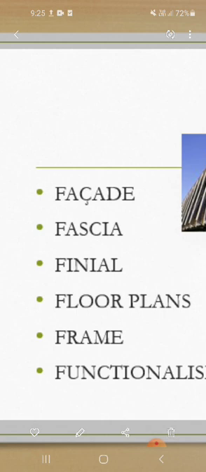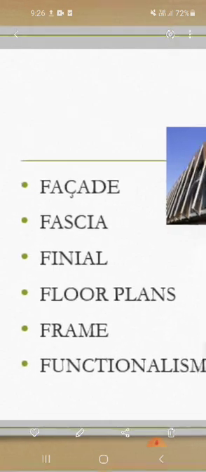A frame, which is usually constructed from steel or reinforced concrete, gives a great deal of freedom in the design of a space. So, what is a frame? A frame is a skeletal arrangement of struts, ties, and beams.